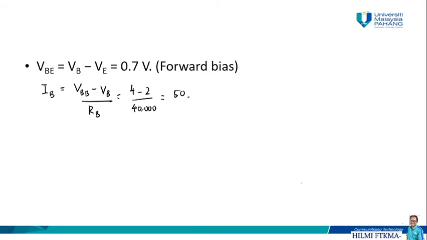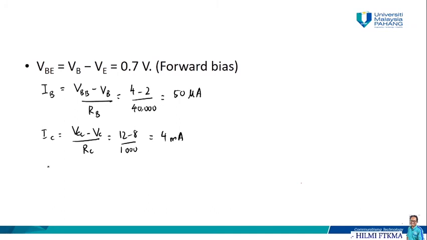We are going to get 50 microamp. And then the current at the collector would be VCC minus VC over RC: 12 minus 8 over 1000, and we should get 4 milliamp.